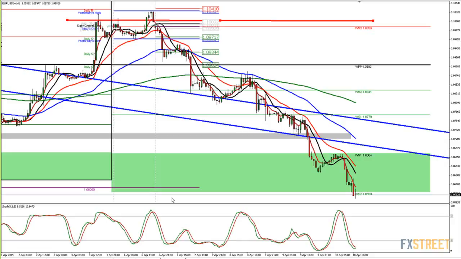Why can't I sell? Yeah, we're at 106,000, and it's a weekly S2 pivot point. You know, I'm just not in the business of selling at support, right? So can't really do that.